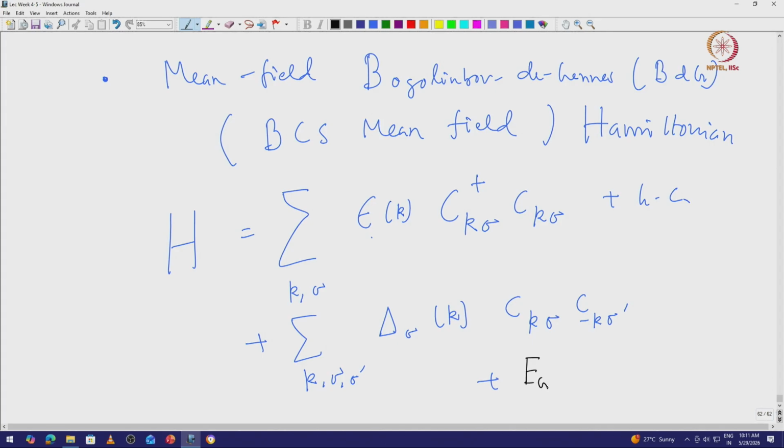Ground state energy, which is like delta k prime divided by v k prime k prime sigma prime.